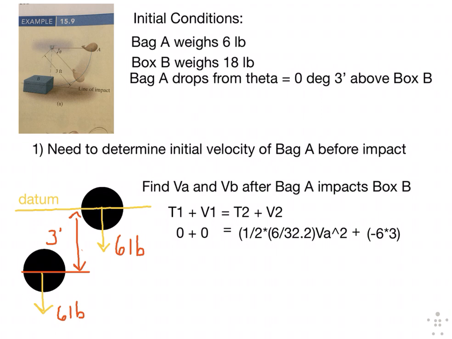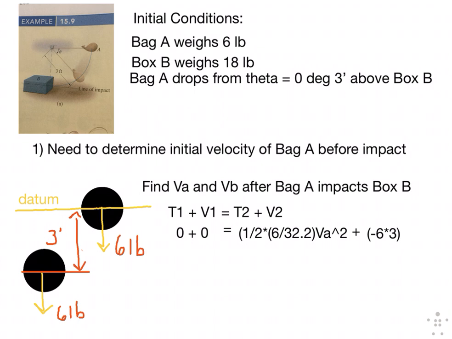So if we plug in our values, our initial kinetic energy for the bag is 0. Our initial potential energy for the bag is also 0 because I set my datum at the initial position. My final kinetic energy for bag A is 1/2 mv squared, so it's 1/2 times the mass, 6 divided by 32.2, times the velocity VA squared.